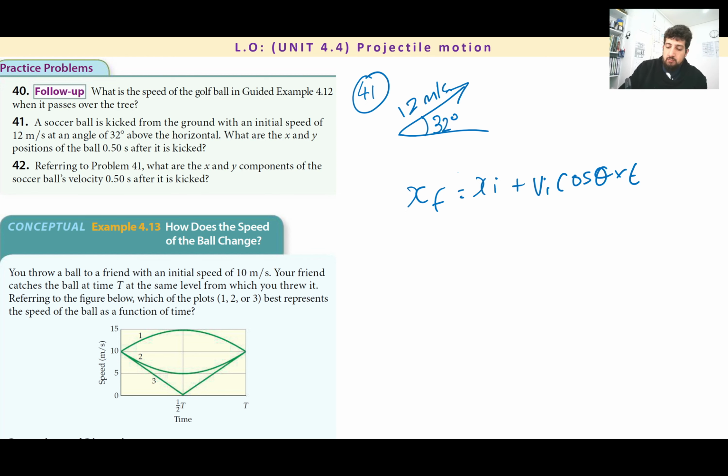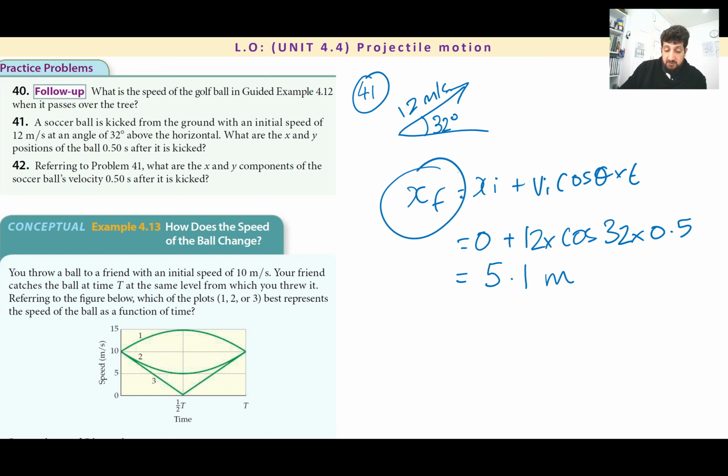And that's going to equal 0 plus 12 multiplied by cos 32 multiplied by 0.5, and that will give us 5 point. Let me just check the answer. Cos 32 equals, yes, multiplied by 5.1 meters. That's the final position in the x.